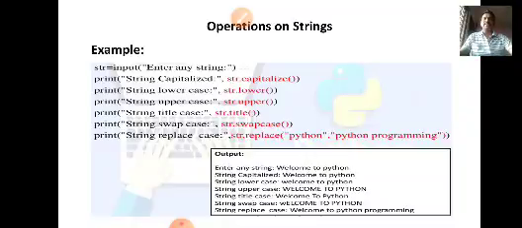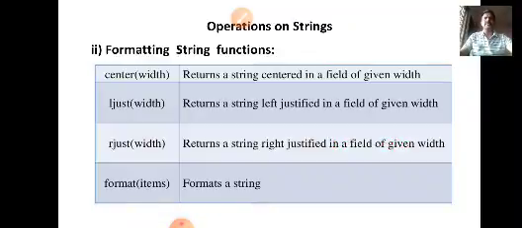String swap case is vice versa, uppercase to lowercase and lowercase to uppercase. String replace, str dot replace, Python programming. As I told you, it is similar to the find and replace method in a word processor, right?